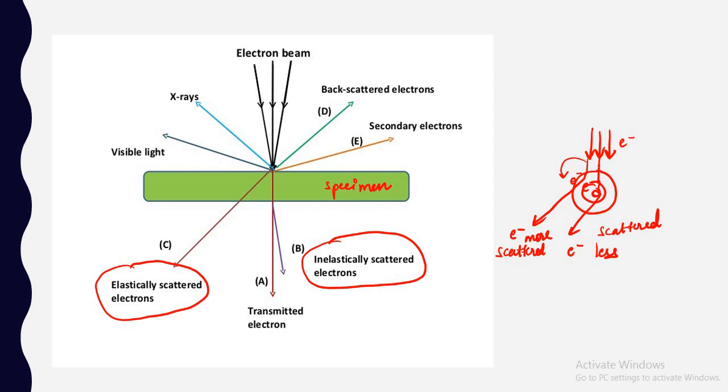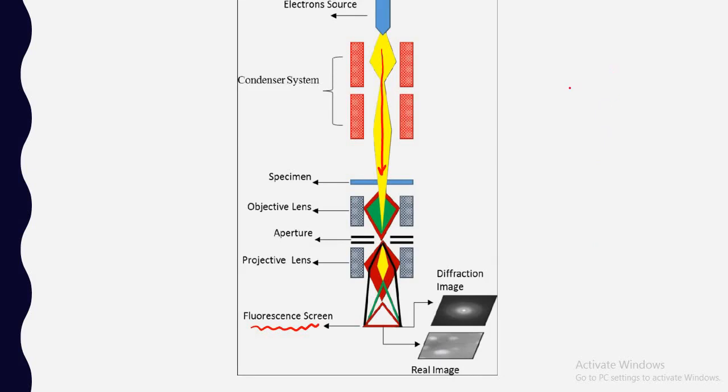The image formation is based on this scattering only. How that is possible, I'll tell you. So say this is your sample. This is the screen. Now what happens is, these are the electrons which are transmitted.